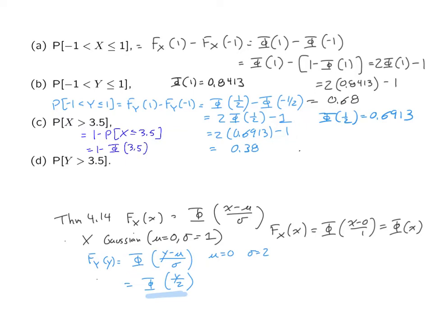The problem is that phi of 3.5 isn't in our table. And so in fact, it's actually better to have skipped these steps and instead just observe that because x is Gaussian with mean 0 and variance 1, the probability x is greater than 3.5 is in fact equal to Q of 3.5.